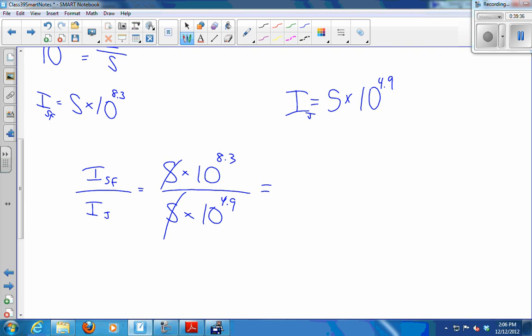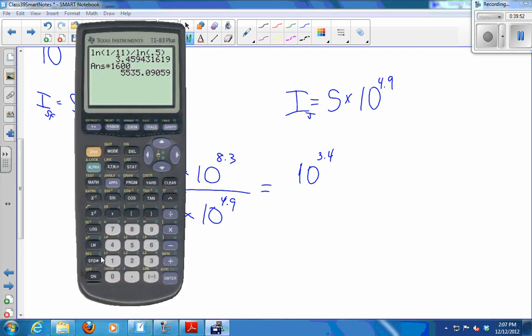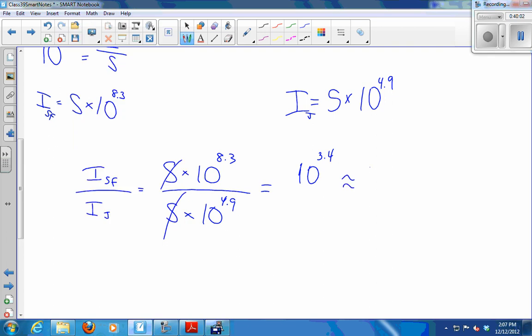And when you have like bases, you subtract the exponents. So this is going to be 10 to the 3.4 times as intense. That is 10 to the 3.4, 2,512, we'll say. 2,512 times the intensity.